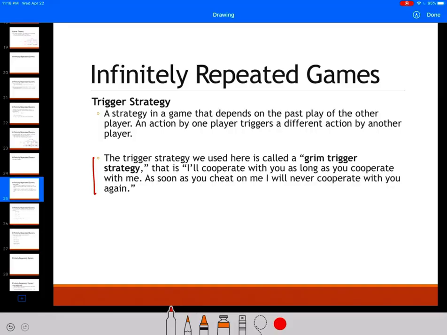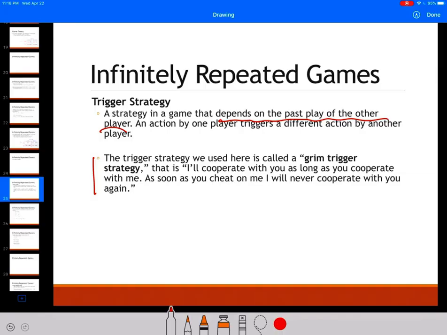So it's a strategy that depends on the past play of the other player, right? That is, I will cooperate with you each time we play, but as soon as you screw me over, I'm going to punish you, right? So that's a trigger strategy. That is, past play by one of the players affects what you do now, okay?